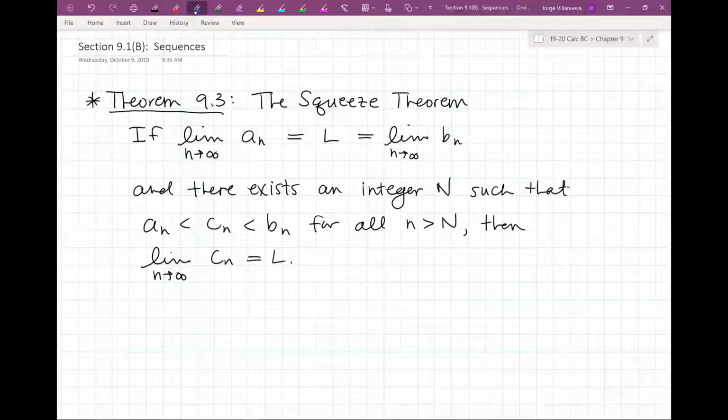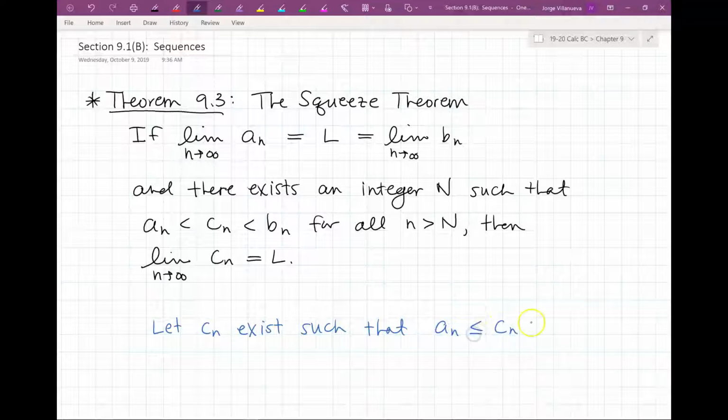So let me just give you an example of something like this. It's not going to be anything too concrete, but just an idea of what it would kind of look like. So let c sub n exist such that a sub n is less than c sub n.